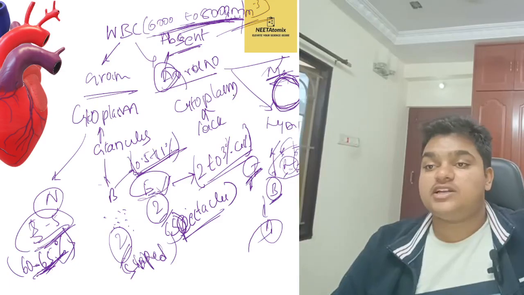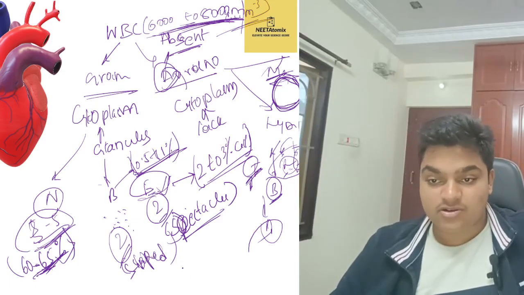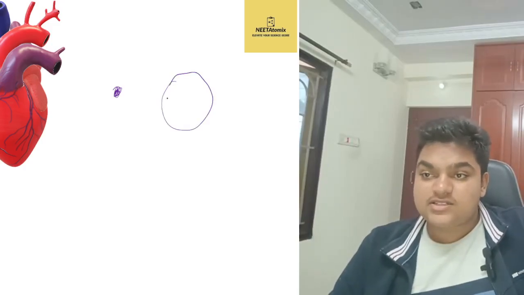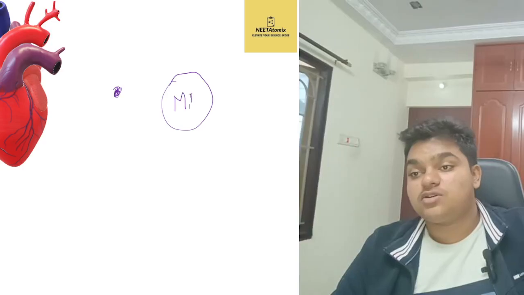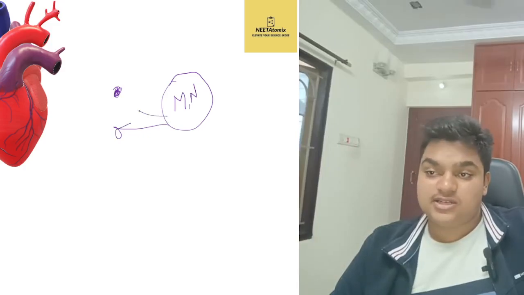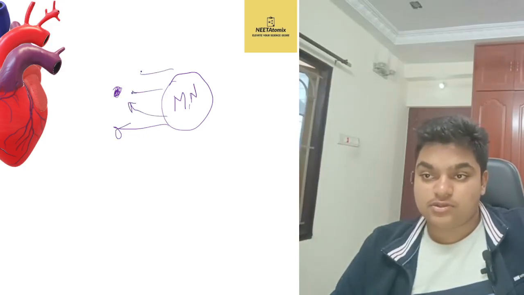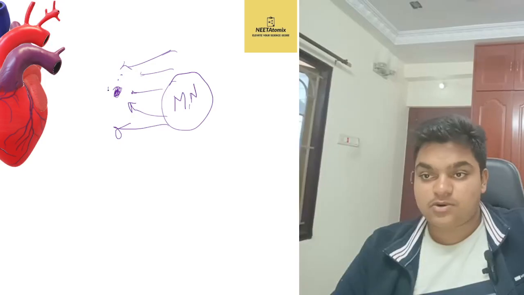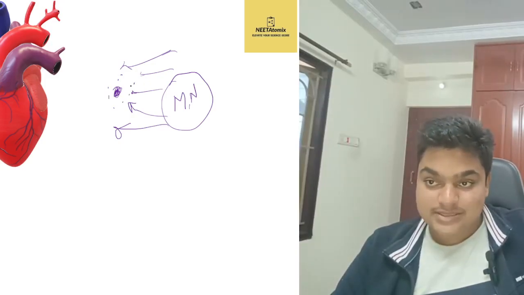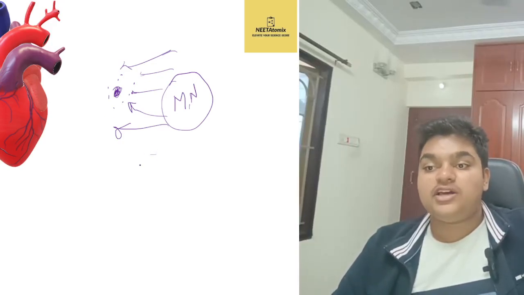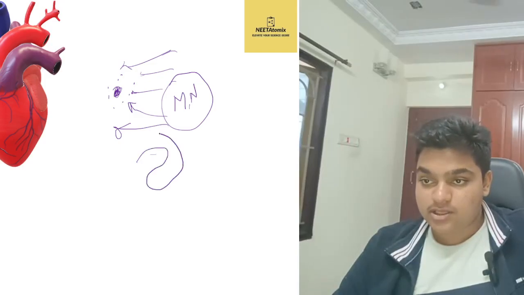Phagocytic means what? Let me explain what is meant by phagocytic. If there is a microbe present, and this is your human cell, that is a monocyte or neutrophil, what is meant by phagocytic function is this cell gets attracted to this foreign cell, to the chemical substances called chemotaxins, which are released by this foreign substance. They get attracted to these chemical substances, and these cells come here and modify their shape like this.